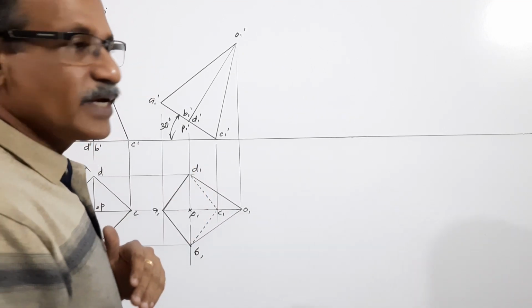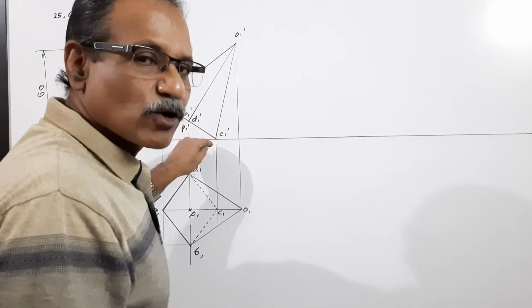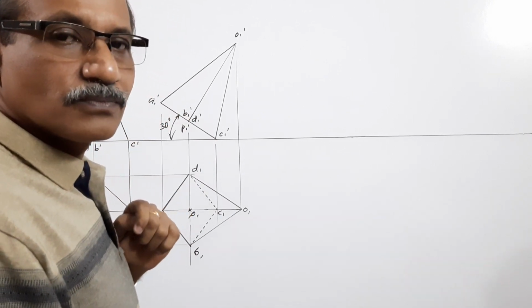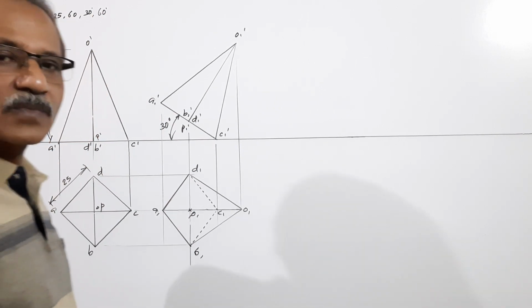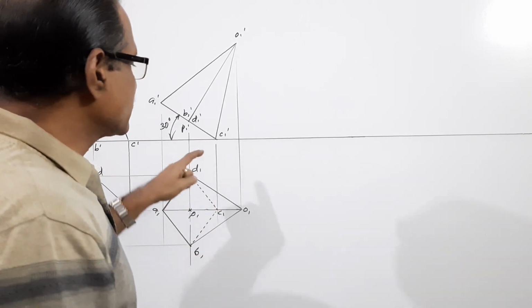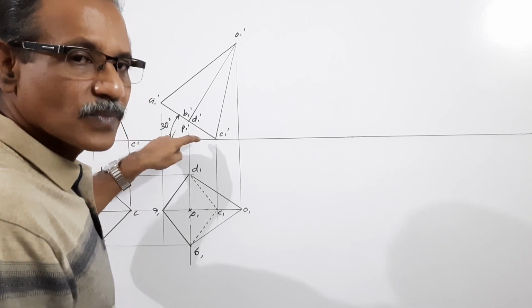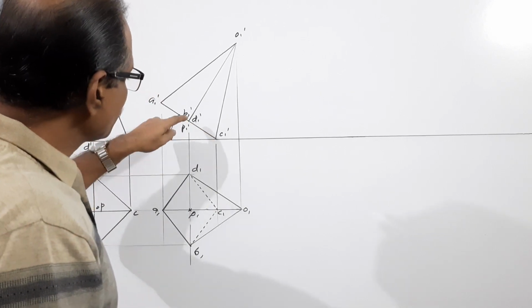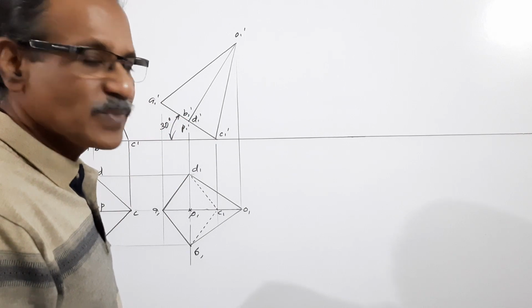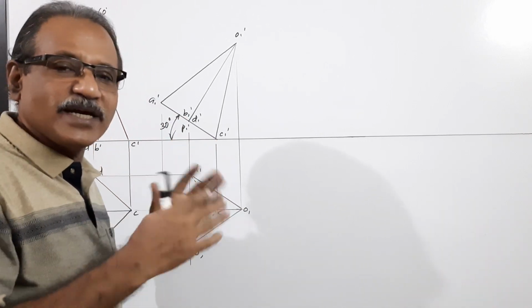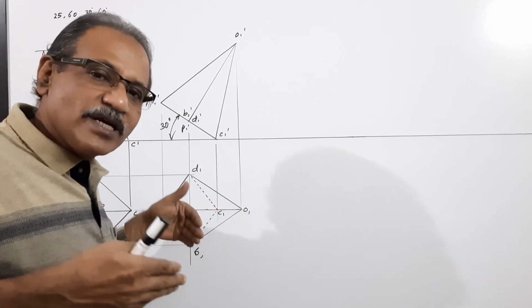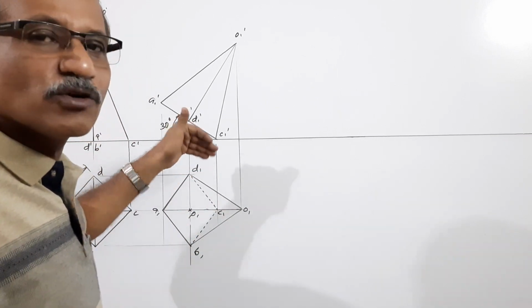Now the pyramid is resting on HP on a corner with the base making 30 degrees to HP and the two sides containing this corner making equal inclination to HP. It is already making equal inclination, so it is not visible here.